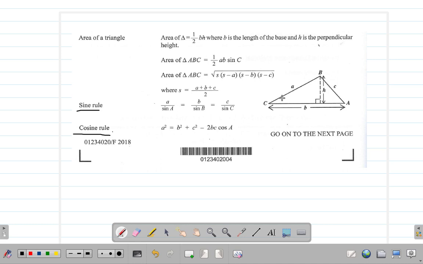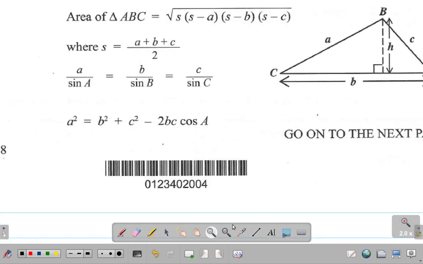The length of the side A, let me just zoom in a bit.